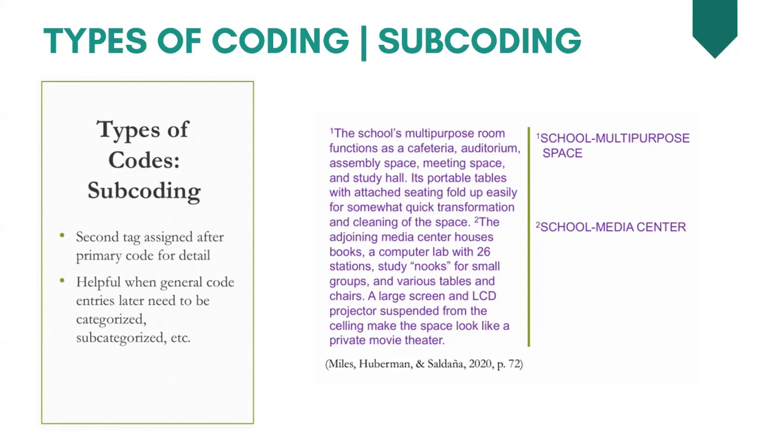So subcoding does not usually come in our first rounds. Subcoding will come as we've spent a little bit of time with our data, with our transcripts, with whatever we're viewing. We do a round of coding, we get the keywords out there, whether it be descriptive, whether it be in vivo, but we get the first round and then we think about it.